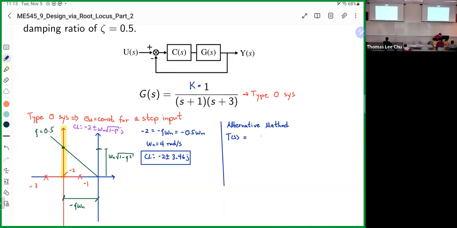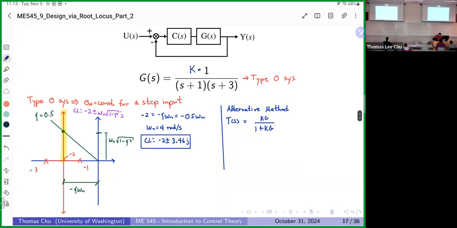That's our closed loop transfer function. All right, so when I work this out, I actually get this equation here. And this is the trick that you should do if you like numbers instead of drawing stuff out. You get K divided by S squared plus 4S plus 3 plus K.